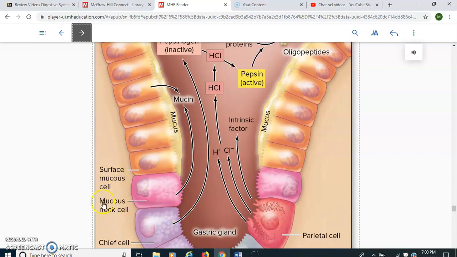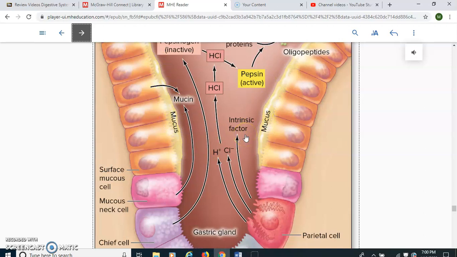There are 2 different types of mucus cells, but you don't need to know the difference, just know they're mucus cells. And so they're going to, hence the name, produce mucus, and you can actually see this layer of mucus on the surface of them.